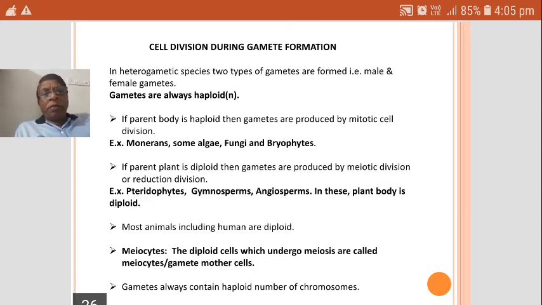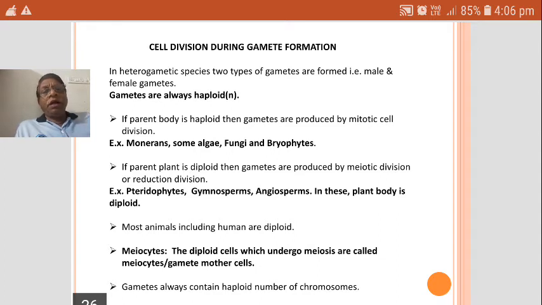You must remember a very important point, that is, gametes are always haploid. Haploid means consists of only one set of chromosomes.